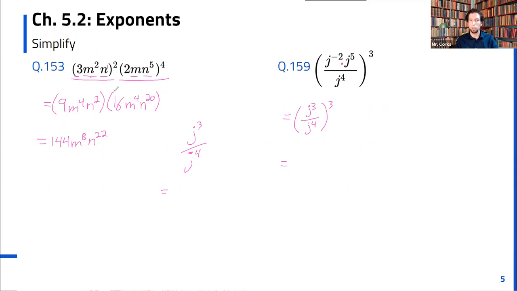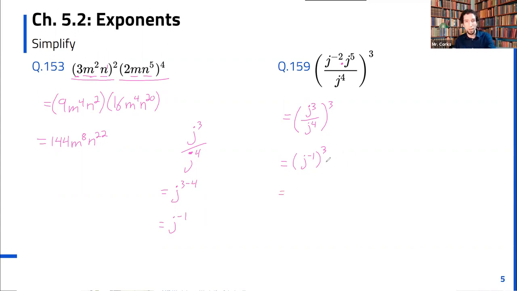So when we did it on the left side here, and we are multiplying the two, then we add the exponents. But if we are dividing, then we subtract the exponents. So it's j to the exponent 3 minus 4. And that turns into j to the exponent -1. So this simplifies here, j to the exponent -1 cubed.